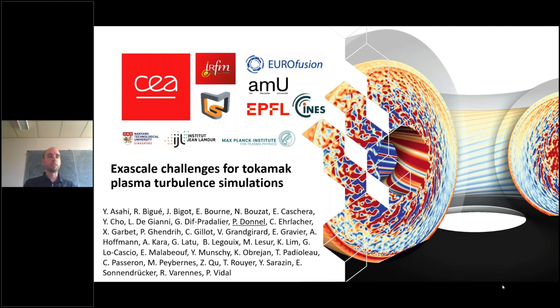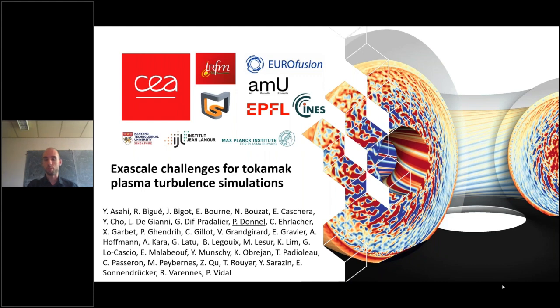So good afternoon, everyone. I'm Peter Donnell, and as was introduced before, I'm working at CEA Cadarache in the south of France. And here we are working on simulation of turbulence in Tokamak plasma.